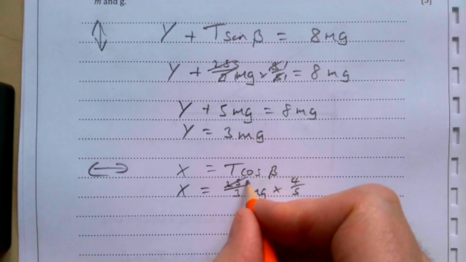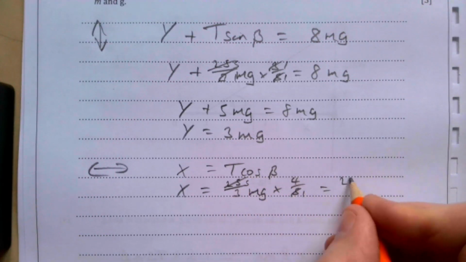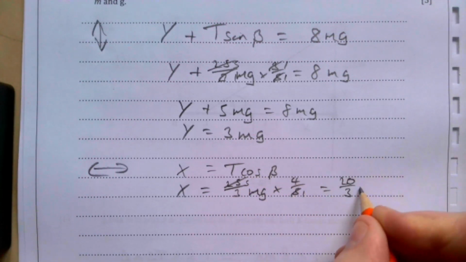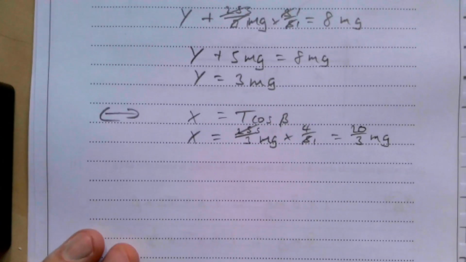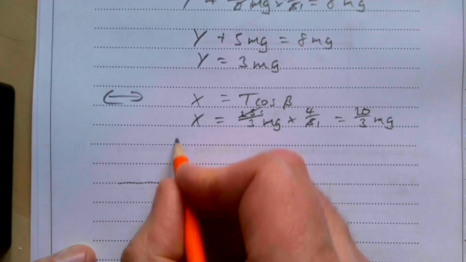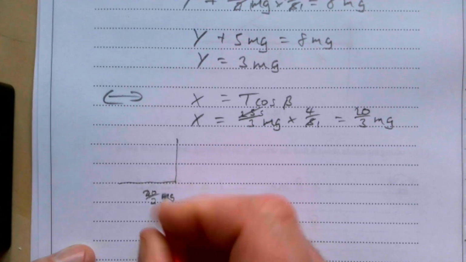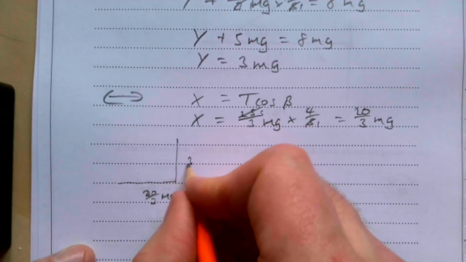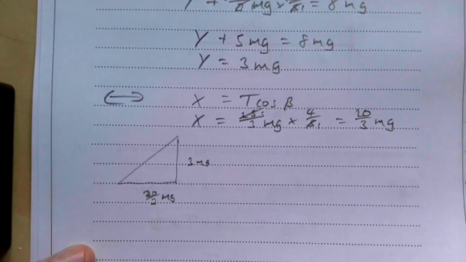That cancels there to give me 5, that cancels, giving me 1. 5 times 4, not quite as tidy, but 20 over 3 mg. In terms of finding the reaction then, I have my X and my Y: 20 over 3 mg going one way, and 3mg going the other.